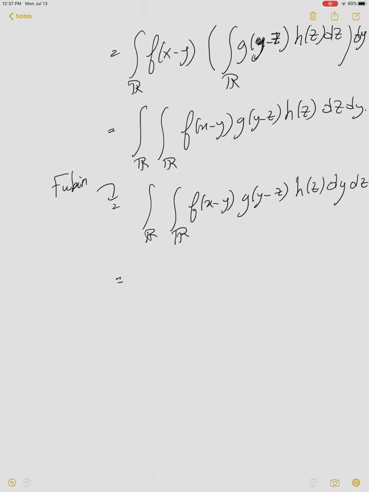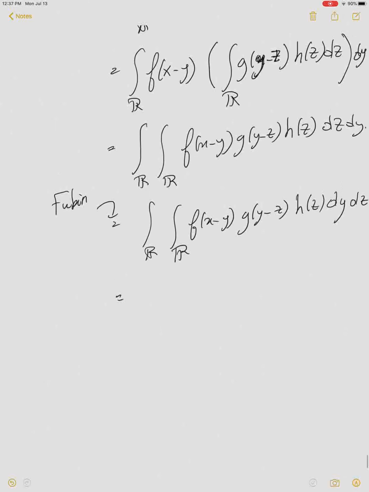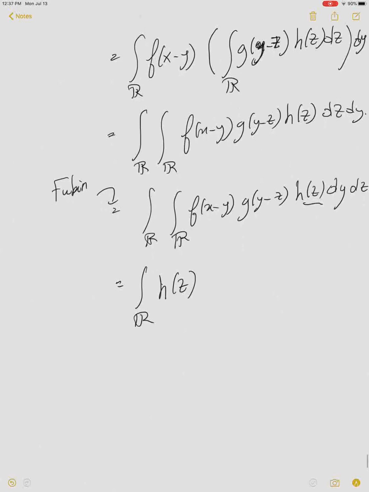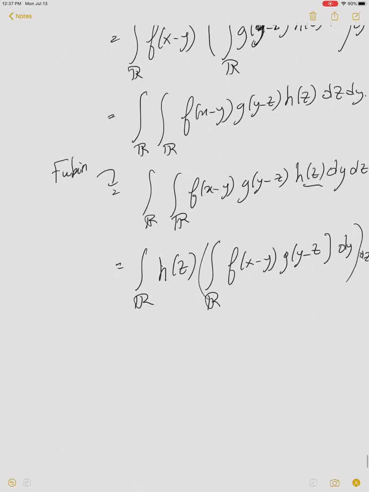Okay. And now I want dy dz. So this is the integral over R. Now h of z does not depend on y. So this is h of z times the integral over R of f of x minus y, g of y minus z, dy, and everything here dz.